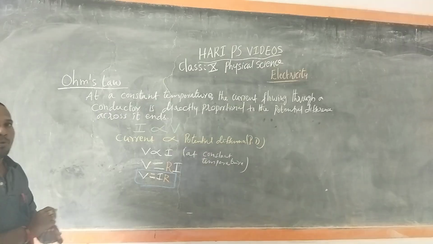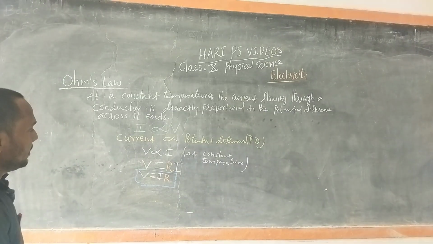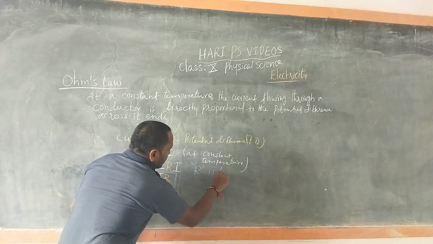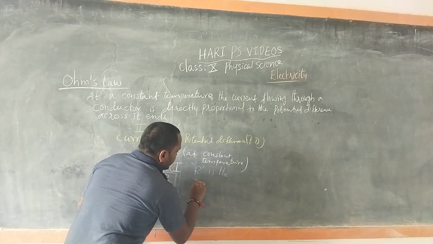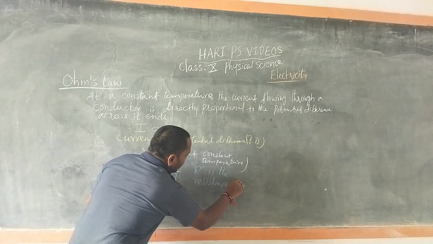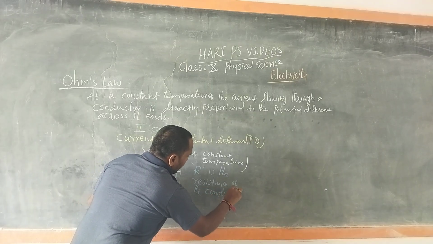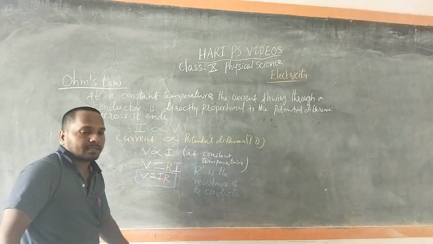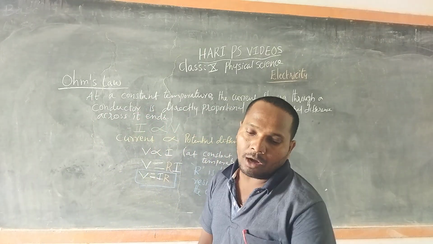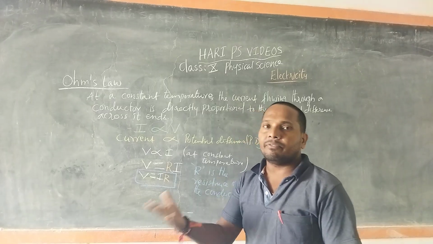So this is the Ohm's law equation: V is equal to IR. Here R is the resistance of the conductor. The value of this constant depends on some factors.